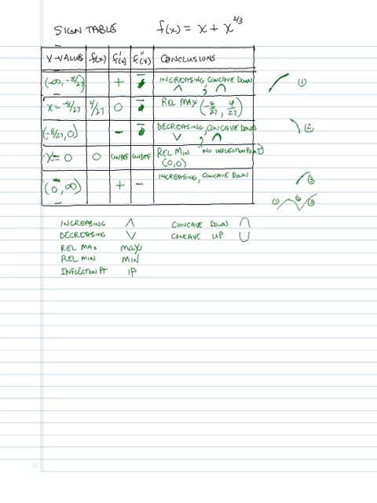You won't need to enter the value of the relative maximum or minimum, or the point. You'll just put MAX for maximum and MIN for minimum in the conclusions column. And if you have more than one situation, like it's increasing and concave down, then you need to put a comma in between those.